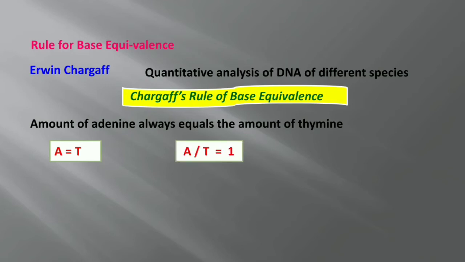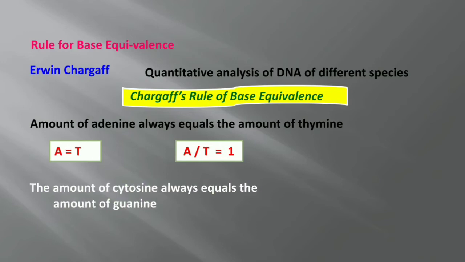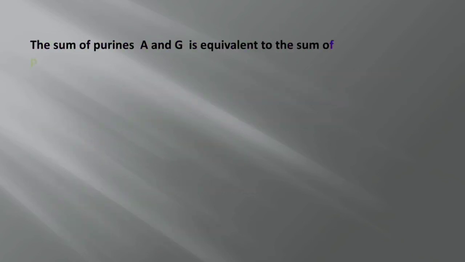Second, the amount of cytosine is always equal to the amount of guanine, that is, C equals G, or C by G equals 1. So the sum of purines is equivalent to the sum of pyrimidines.